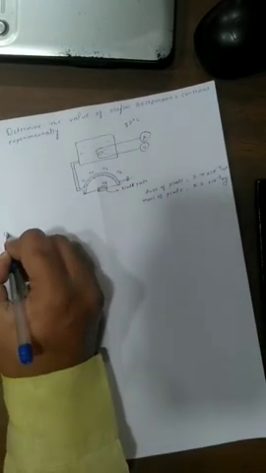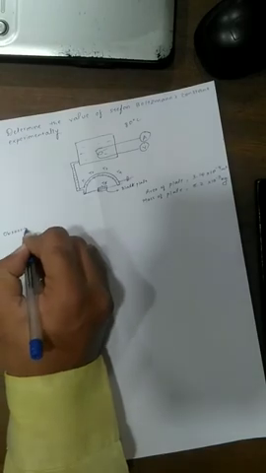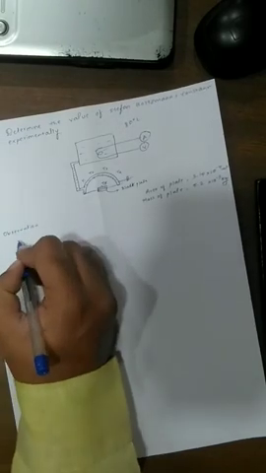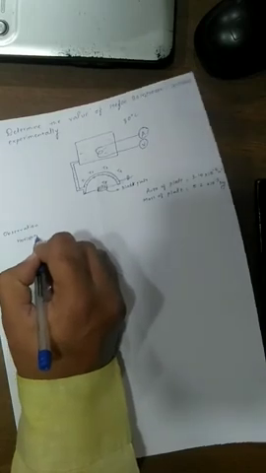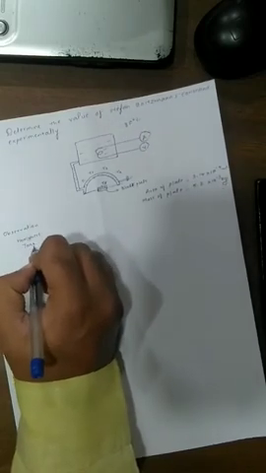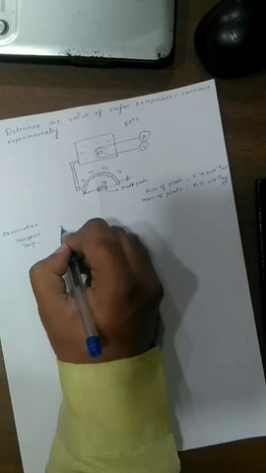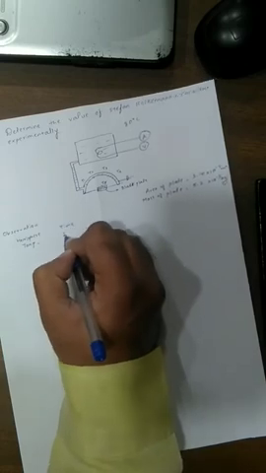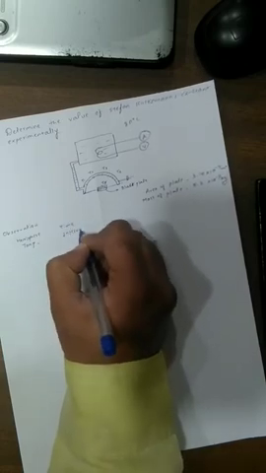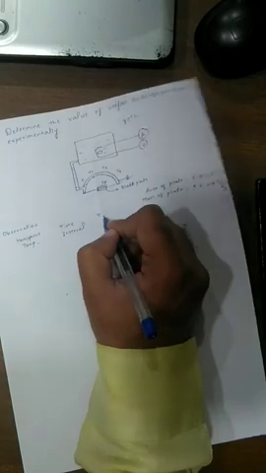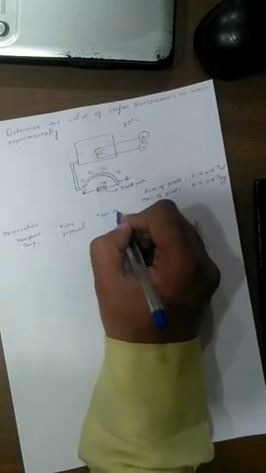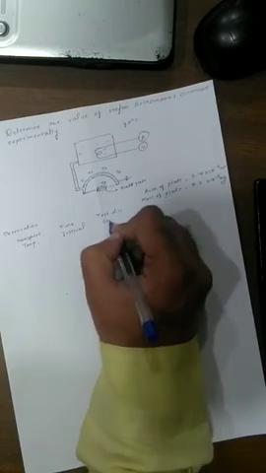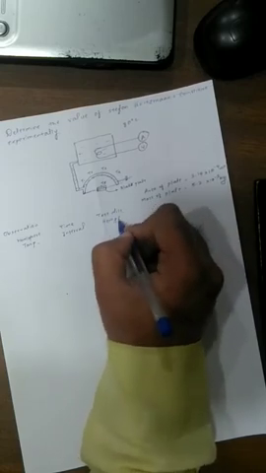And we have an observation table recorded for this experiment: hemispherical dome temperature, time interval, and test disk or plate temperature.